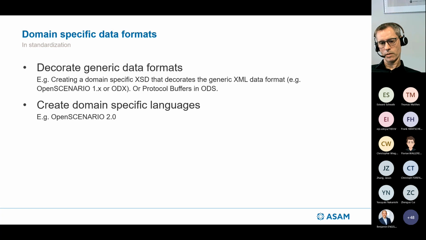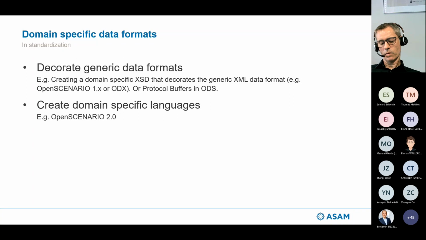The second is we can create a domain-specific language. That's what we are doing in OpenSCENARIO 2.0. We define our own grammar, just to make the experts able to have a good understanding of their domain. So with languages, we can easily guarantee that we are very short.